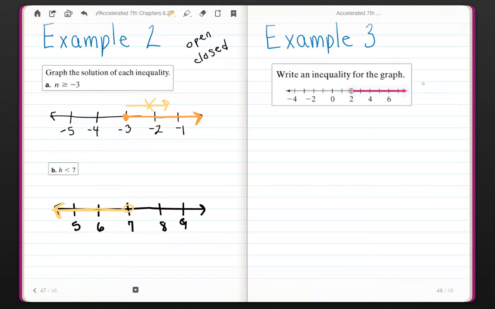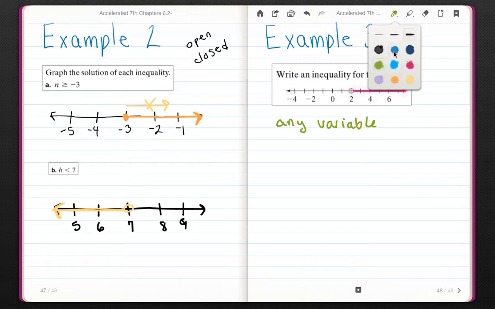So in example 3, we're going to do the opposite. They are giving us the graph. We're going to write the inequality. You can pick any variable. Any variable is just fine. So I'm going to pick x because it's a standard one. Now I see that this is an open circle, so it will either be greater than or it will be less than. And I see it's at 2. So how do we know which it is?